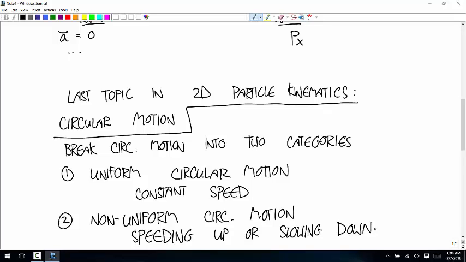Obviously, in non-uniform circular motion, there's an acceleration. What about in uniform circular motion? Because you're turning, yes, exactly. So there's still acceleration even if the speed is constant. Think about the velocity direction and then the part of the acceleration parallel to the velocity and the acceleration perpendicular.